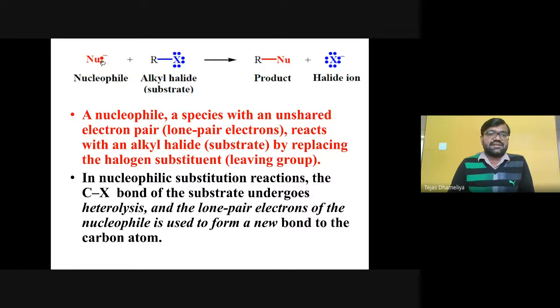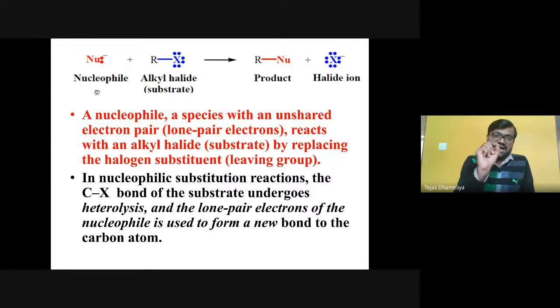Such negatively charged species are termed as nucleophile. If we dissect this word nucleophile, it contains 2 major words, nucleus and phile.